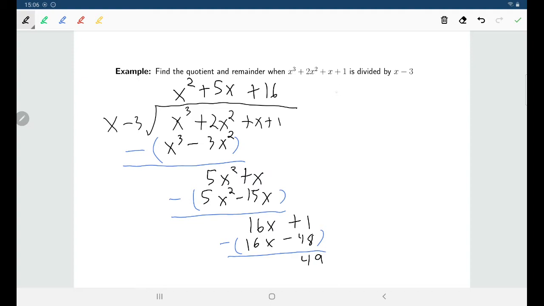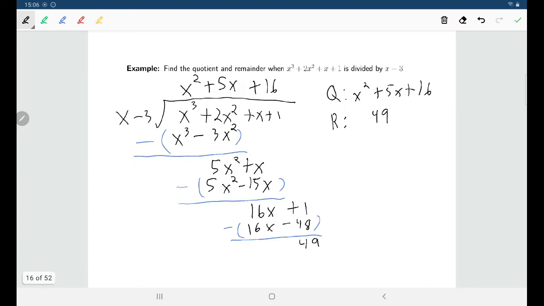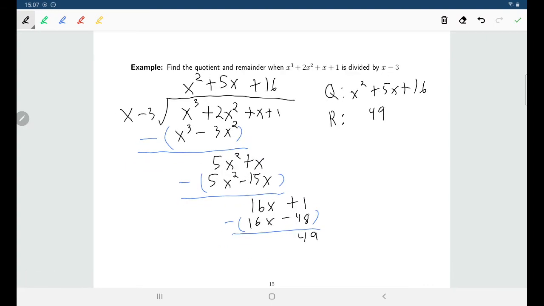That means that our quotient should be x squared plus 5x plus 16, and that our remainder should be 49. And if we wanted to, we could do the same sort of thing that we did before, where we could say that the first polynomial divided by x minus 3 is equal to our quotient plus our remainder over our divisor.